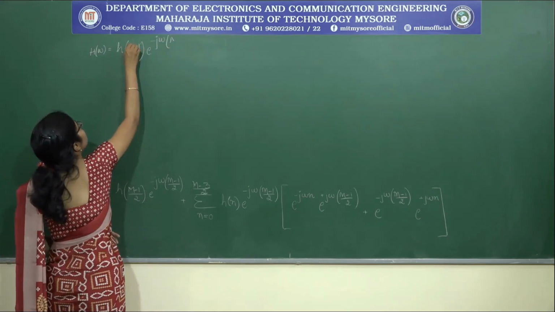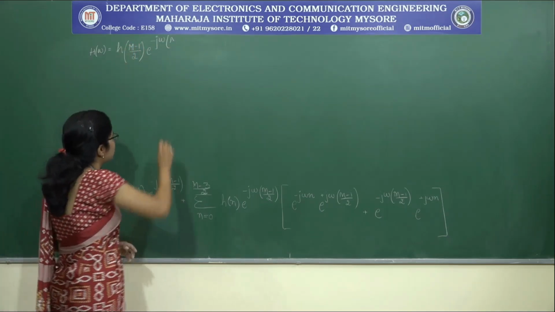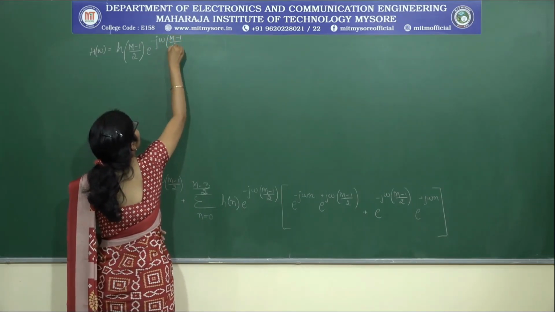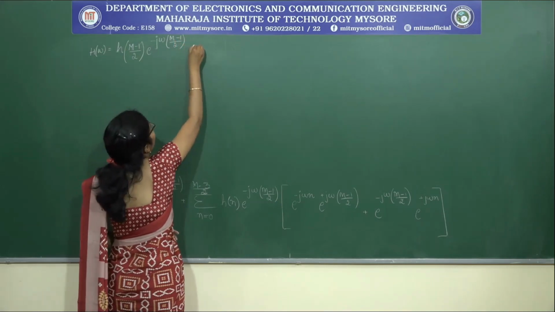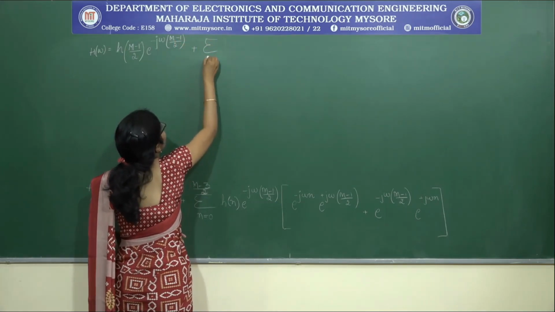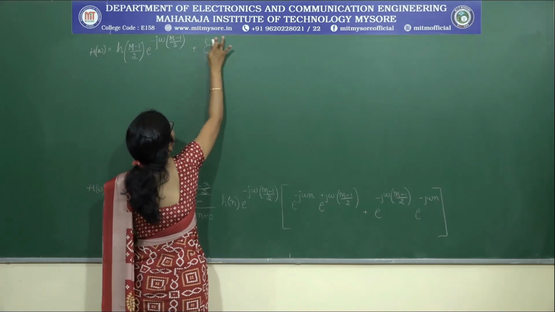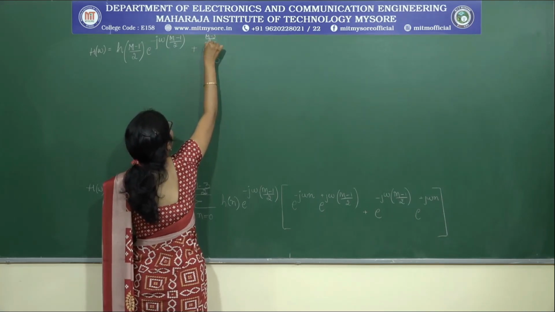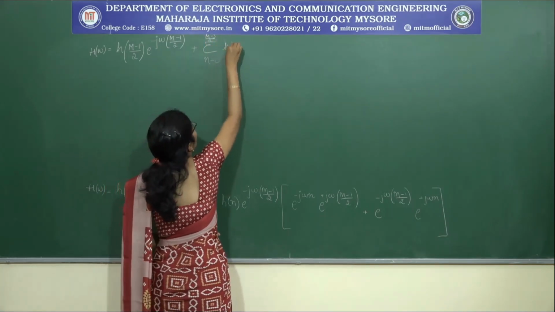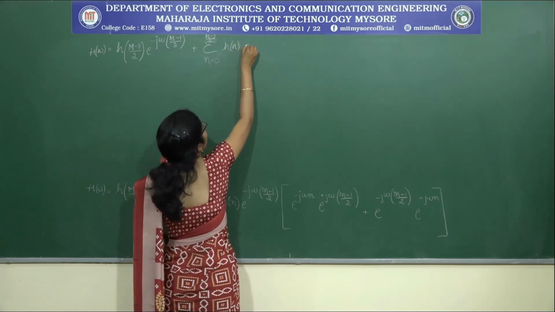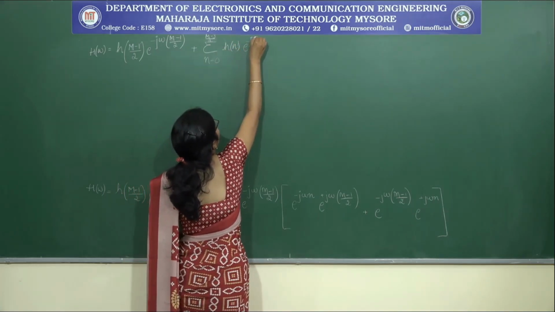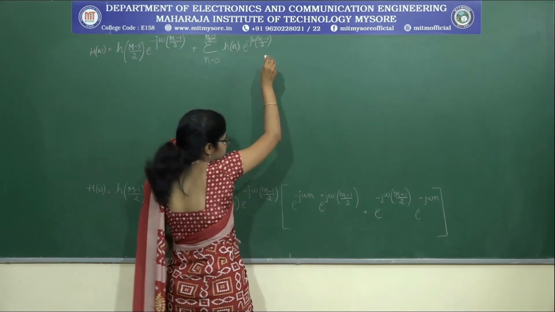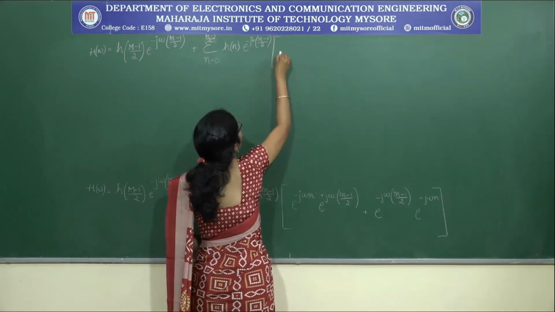So this will be h of (m minus 1)/2 into e power minus j omega (m minus 1)/2 plus summation n ranges from 0 to (m minus 3)/2 of h of n e power minus j omega (m minus 1)/2 into e power.